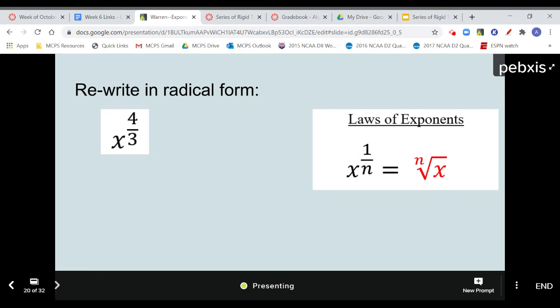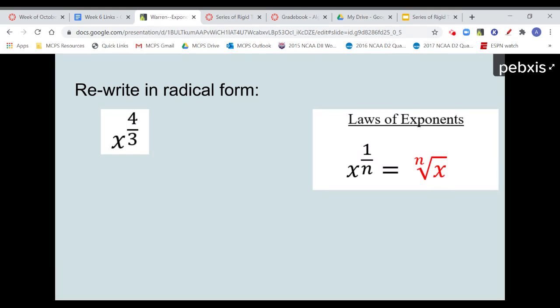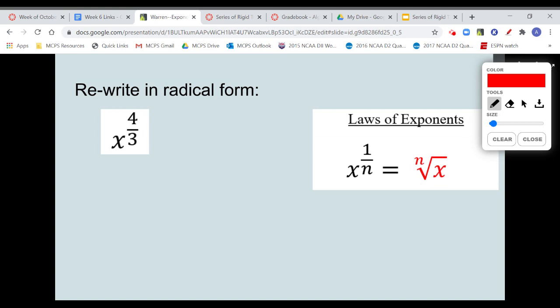Okay, here I'm showing another example because now the numerator has a number that is not 1. So the denominator here, the 3, that still becomes my root. So I have the third root of x. But I also have this 4 right here. Again, I said that 4 stays an exponent, so I write that here.